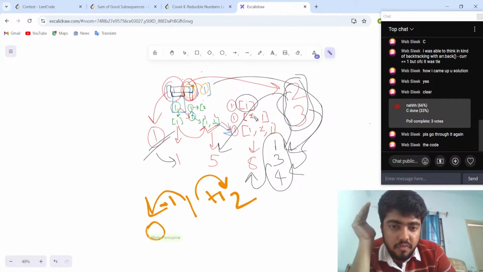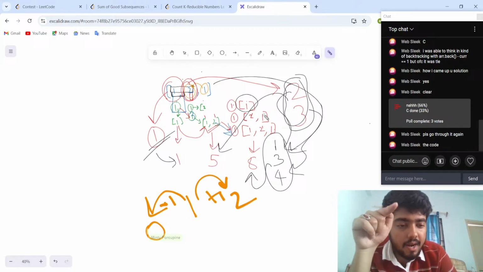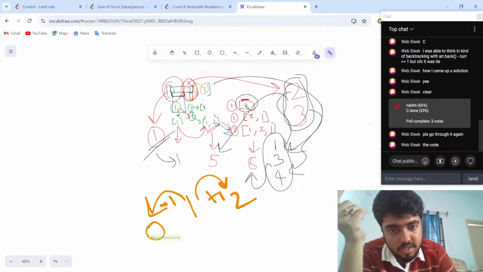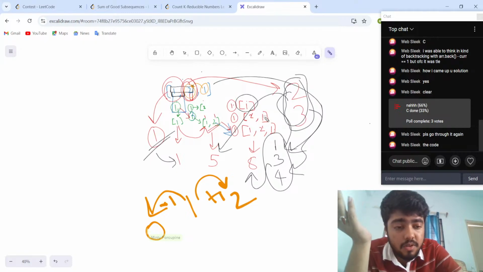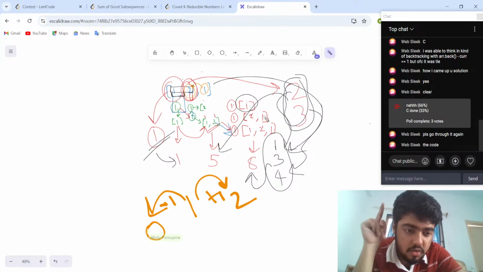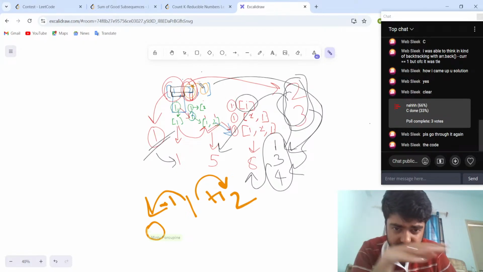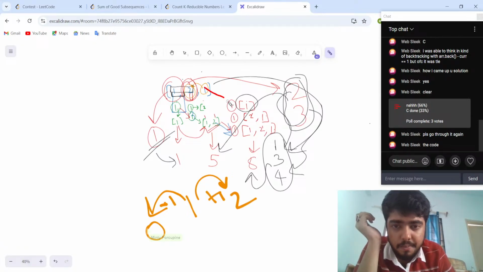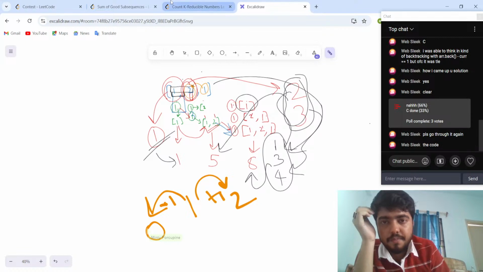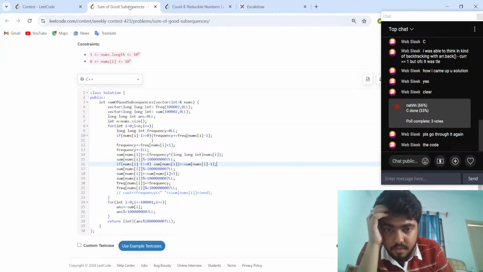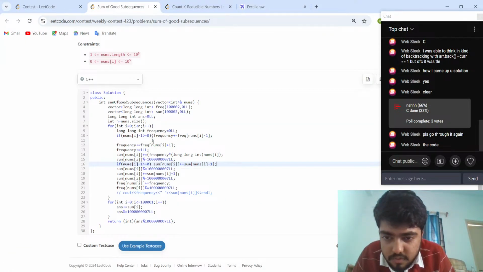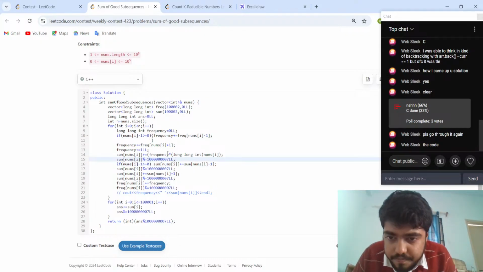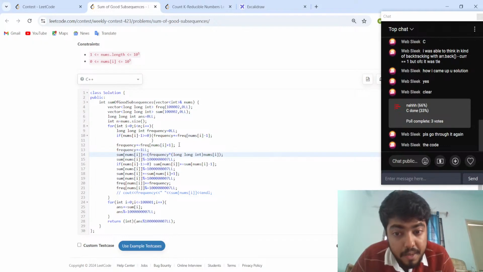So for that we are going to add 1, and also we are going to add one extra 1, because we know that a subsequence of size 1 is always a good subsequence. So we can have this 1 independently also. This independent one is this one, and the dependent ones are this and this.